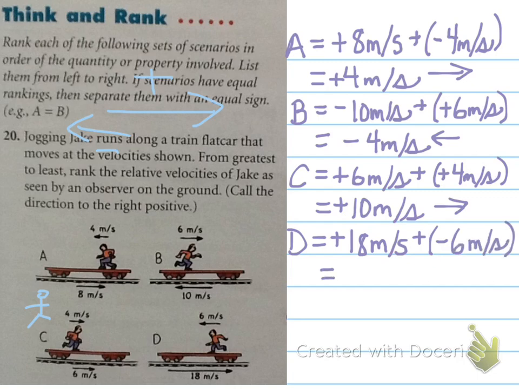So 18 minus 6 is 12, positive meters per second, which means it looks on the ground like he's moving to the right. So when we rank these, the most to the right would be letter D first, then letter C, then letter A, then letter B.